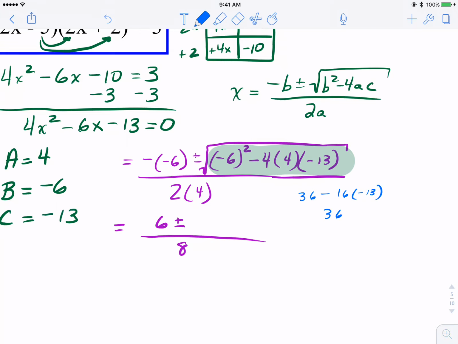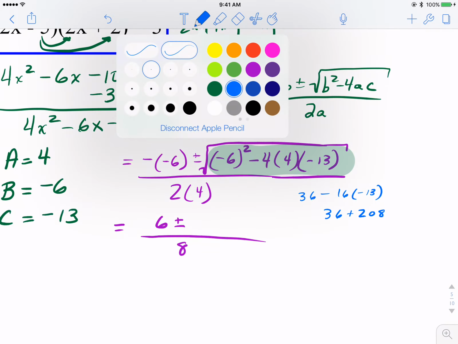This is going to turn into 36 plus, and 16 times 13 is, what is that? $208. Okay, so 36 plus 208, we're looking at 244 underneath our radical.